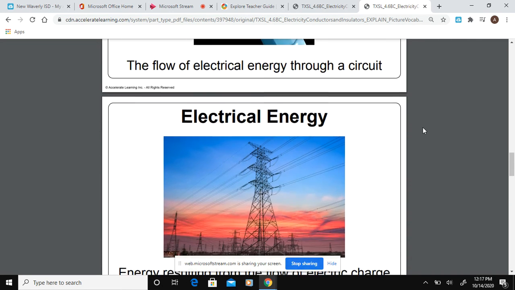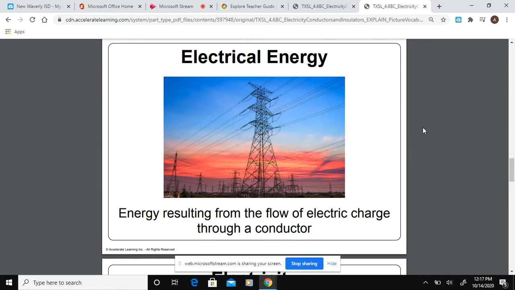Next one is electrical energy. We already learned about this in our previous unit, but it's just a refresher so you can understand based off of this unit too. Electrical energy is energy resulting from the flow of electric charge through a conductor. Now we just learned what a conductor was, so we can understand electrical energy a little more.